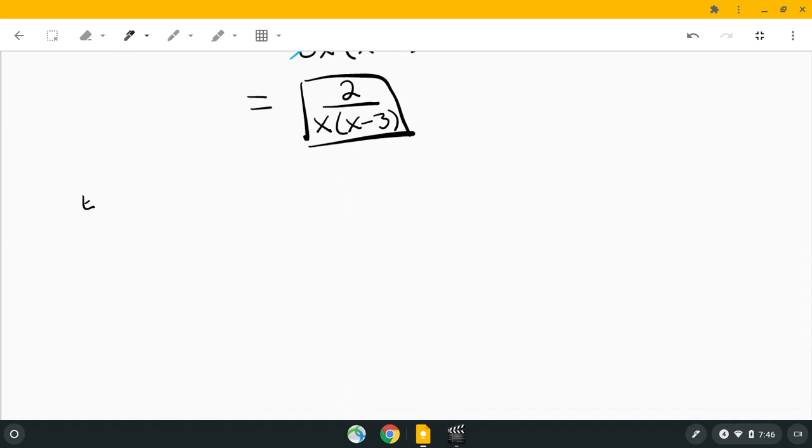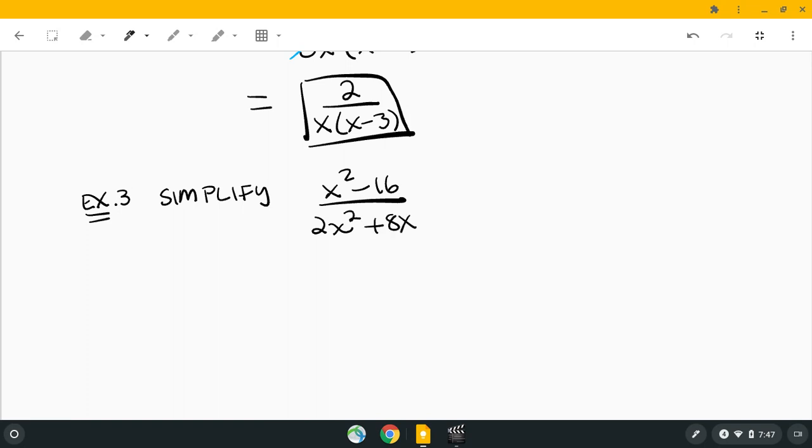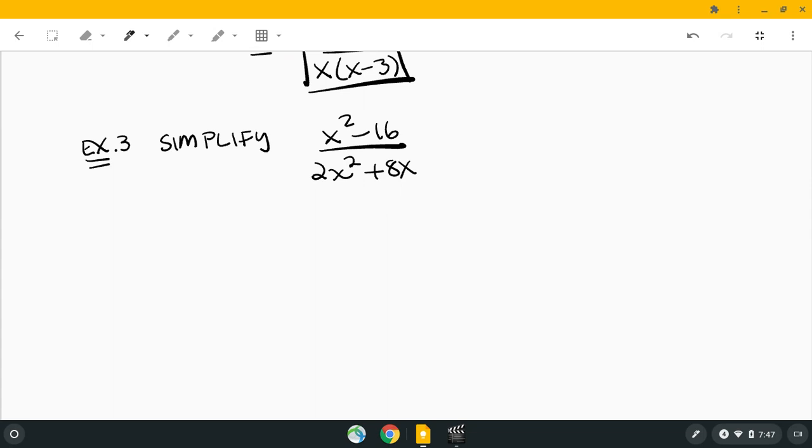All right, let's take a look at another one. Let's simplify this one. X squared minus 16 over 2x squared plus 8x. Over here, the numerator is a difference of squares.